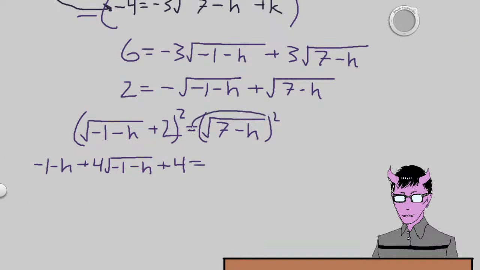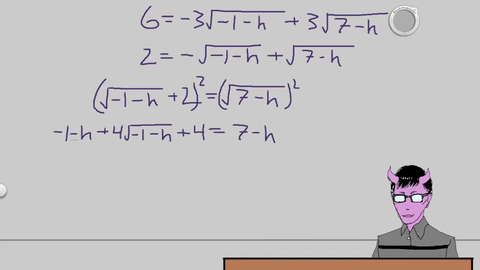So the squaring undoes the square root. Okay, and then let's toss everything over to the right-hand side to isolate this radical. So isolating the radical, we have 4 times square root of negative 1 minus h. So this one plus this one is 3. Subtract the 3 from both sides. So we're going to get 4.